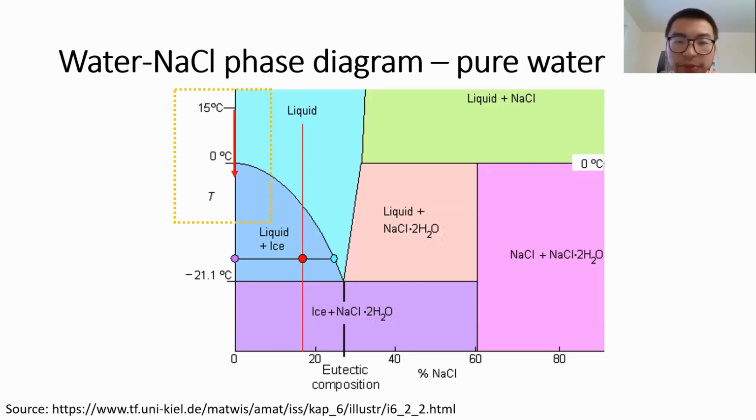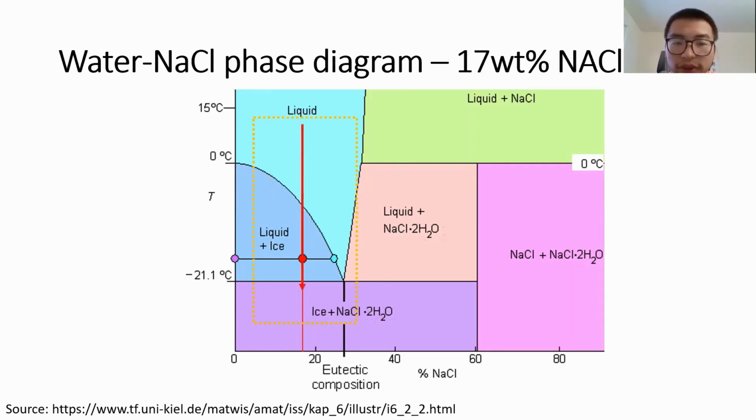First, let us start with pure water at room temperature and cool it down, following the red arrow. Ice can start to form at 0 degrees Celsius or below, consistent with our experience. Now, let's start with a solution of 17 weight% sodium chloride, which is a liquid at around 10 degrees Celsius, again, consistently. As we cool down the solution, the point starts to shift downwards and hits a phase boundary between liquid and ice at around -10 degrees Celsius.